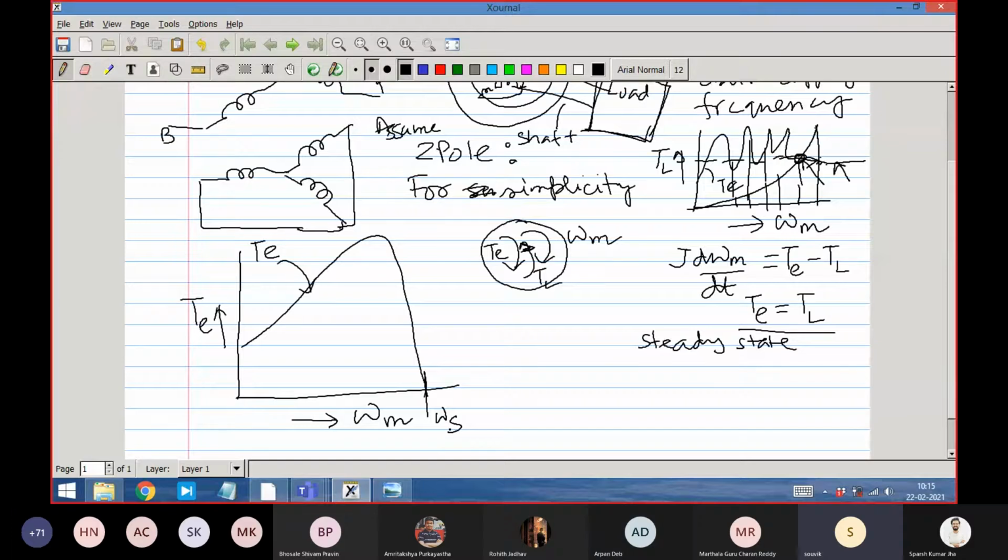In this case, for a two-pole machine, synchronous speed is the same speed as the stator supply. I have not yet defined synchronous speed. I will define it a little later. So for a two-pole machine, these two things are not different. That's why I first want you to understand the two-pole machine. Unnecessary complications we don't have to bring, right? So this is that thing, and the load torque characteristics is like that.